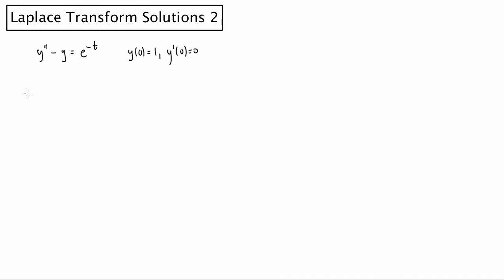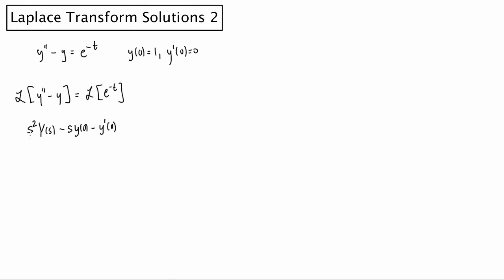So I start off by taking the Laplace transform of both sides. The Laplace transform of the left side is s squared y of s minus s y at 0 minus y prime at 0.